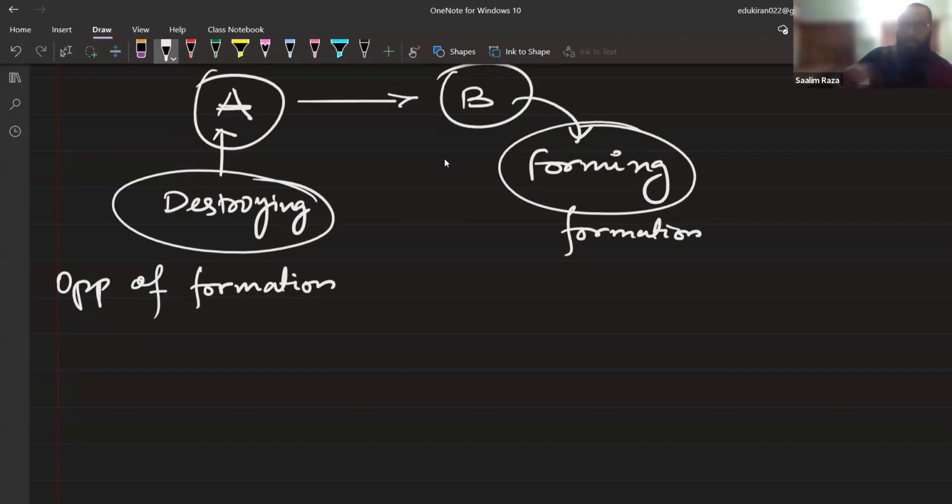अच्छा, यानी कि A के डिस्ट्रक्शन में हमारे पास कुछ एनर्जी का इन्वॉल्वमेंट होगा। To destroy A there will be some involvement of energy which will be opposite of formation.